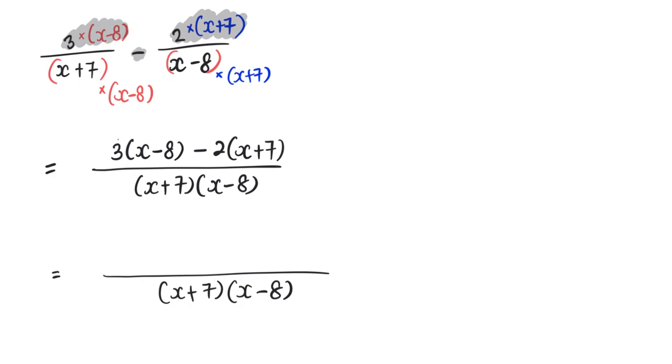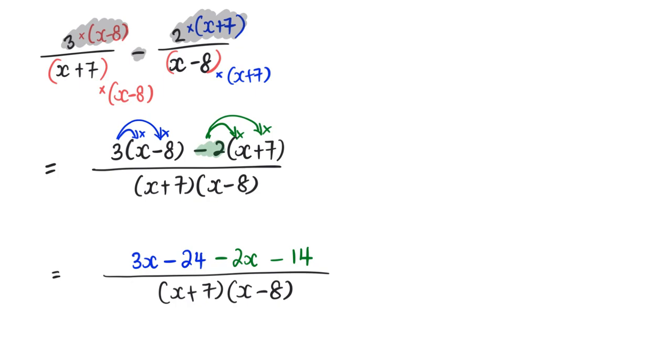Okay, so I will have 3 times x, 3x. 3 times negative 8 will be negative 24. This is negative 2, so negative 2 times x, negative 2x. Negative 2 times 7, positive 7, it will be negative 14.